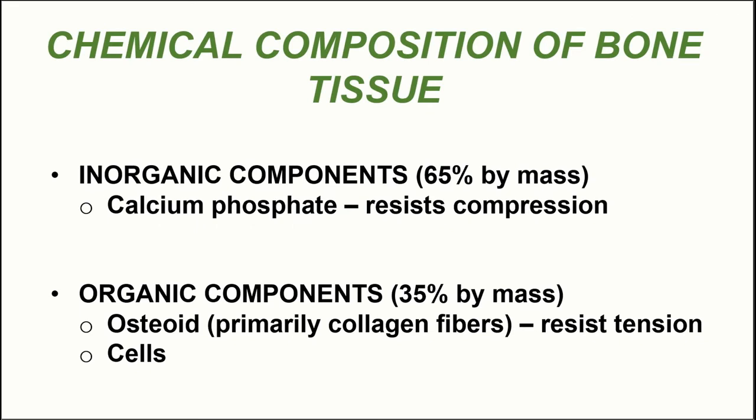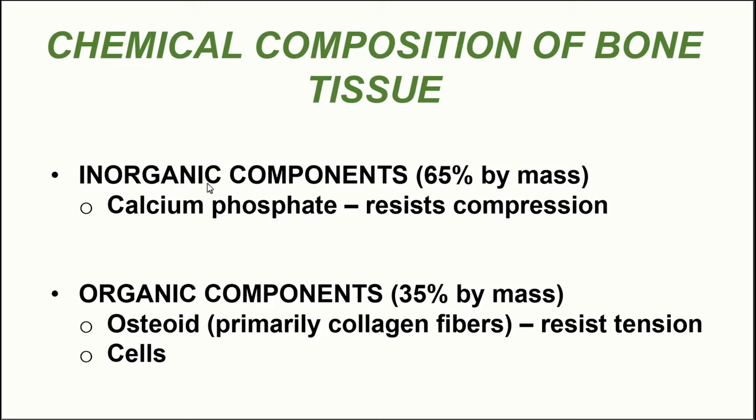So let's really briefly look at the chemical composition of bone tissue. Here we're looking more at the extracellular matrix. In a minute, we'll turn our attention to the cells of bone tissue. As far as chemical composition is concerned, we have two main categories of chemical elements within bone tissue: the inorganic components and the organic components.